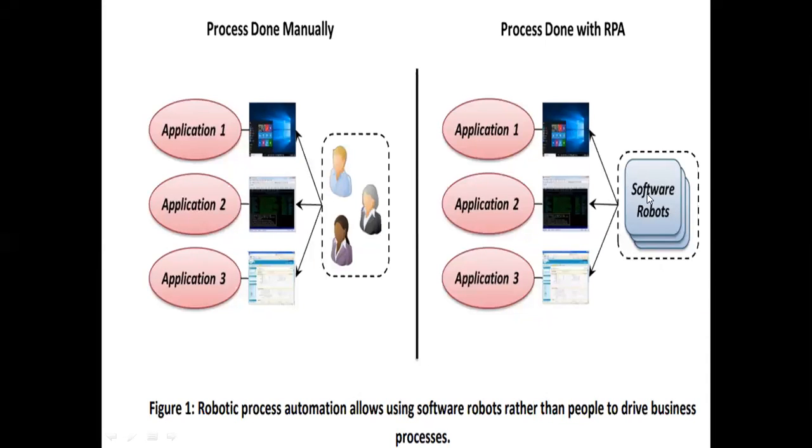So we are going to build software robots, and these software robots are going to mimic a human on top of the application. You can see here, robotic process automation allows using software robots rather than people to drive your business process.